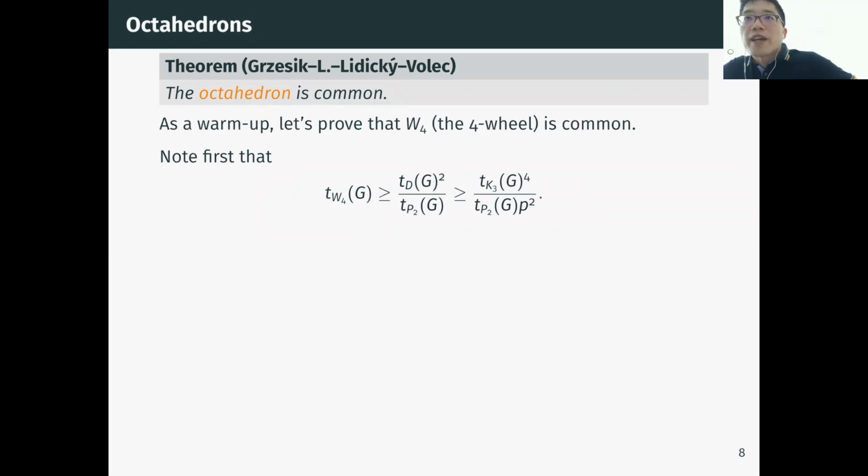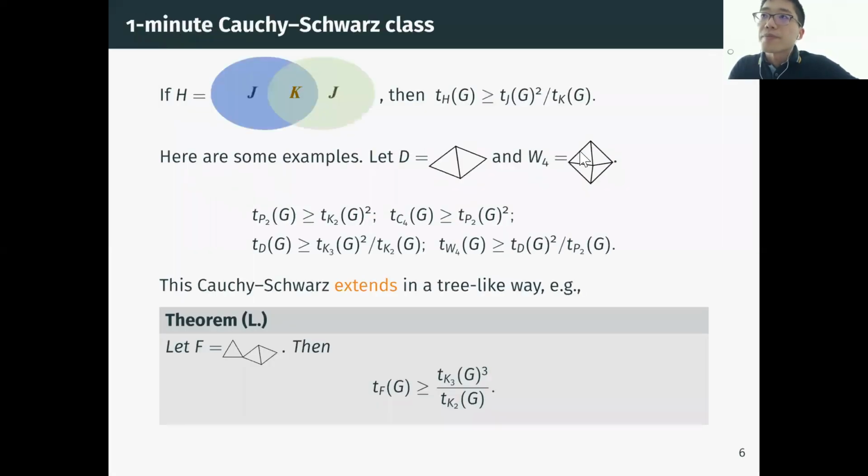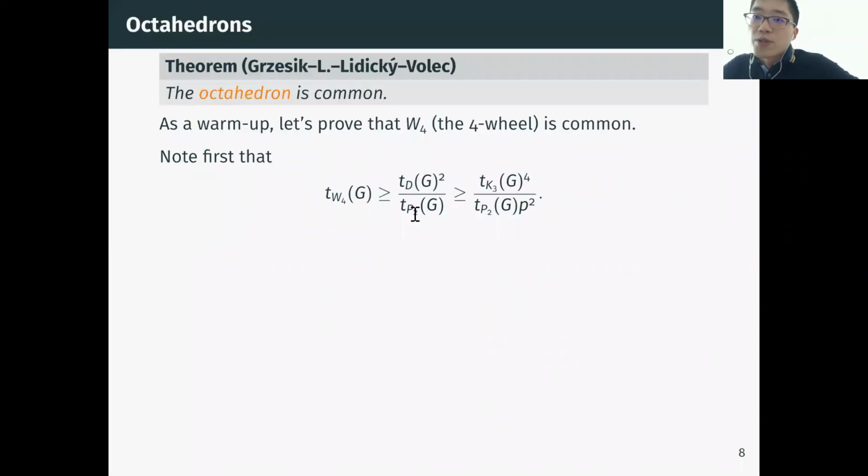Okay, to that end, as a warm-up, let's prove that the full wheel is common. So the full wheel was this graph over here, to recall. Note first that we just apply two Cauchy-Schwarzes, and then we get this inequality over here.